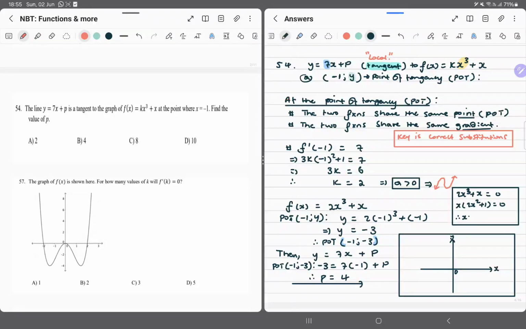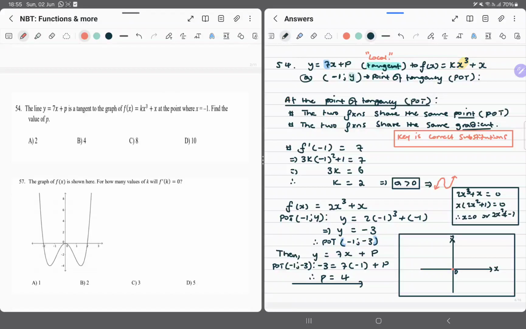So we can appreciate that x is equal to 0, or we cannot have a situation here where 2x squared is equal to minus 1. So there's no solution here. Obviously, the discriminant of this quadratic factor is less than 0. So let me write it so that you can see. There's no way that a perfect square multiplied by a positive number can give us a negative answer. So this is not possible. So it means there's only one x-intercept, it's 0.